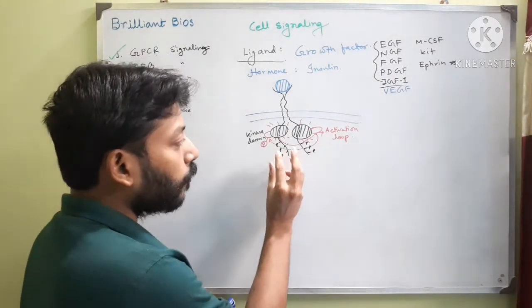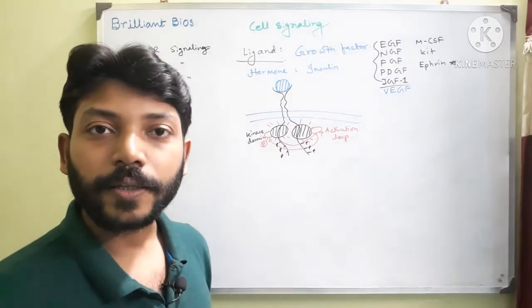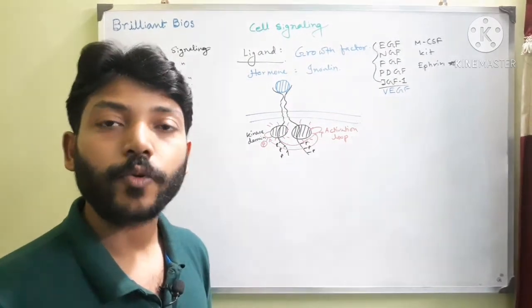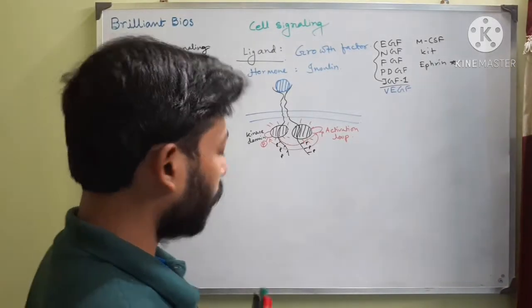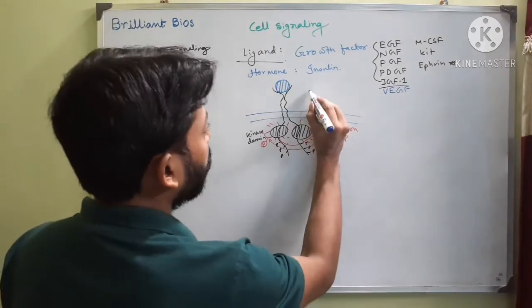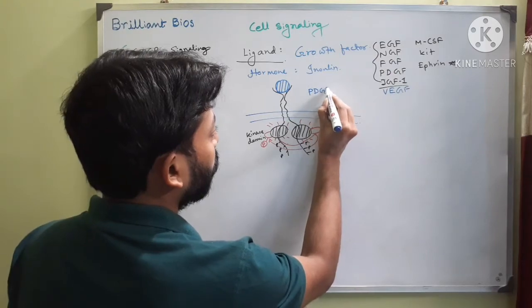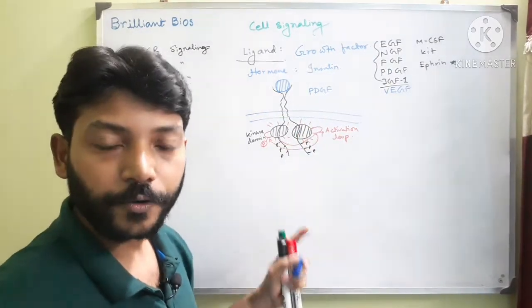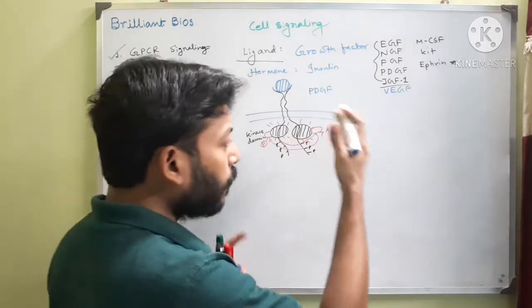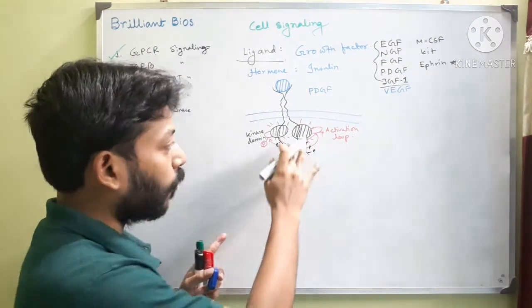Now this phosphate can be a region where many signaling proteins can bind. These are called adapter proteins. Now I am giving a simple example like PDGF. Scientists have found that in the platelet derived growth factor receptor, many proteins can bind with this phosphotyrosine.